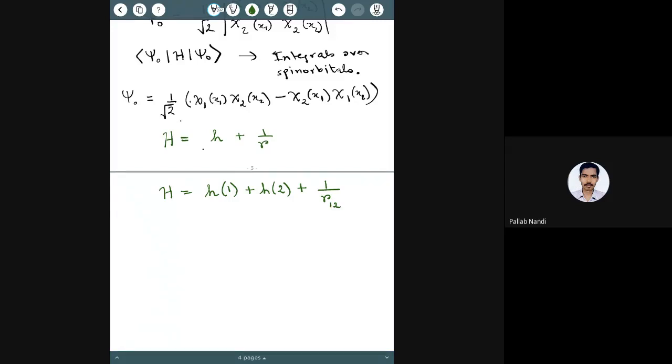R12 is the distance between electron 1 and electron 2 at any point of time. Now, is this form of the Hamiltonian clear to you? Do you remember what small h contains? Or should I go through it once more?